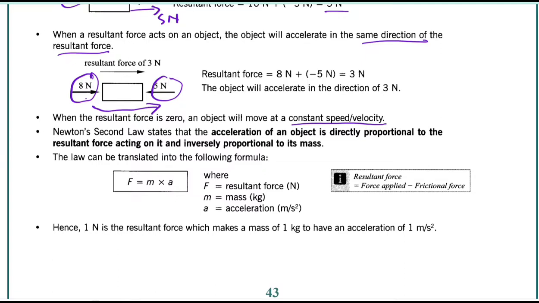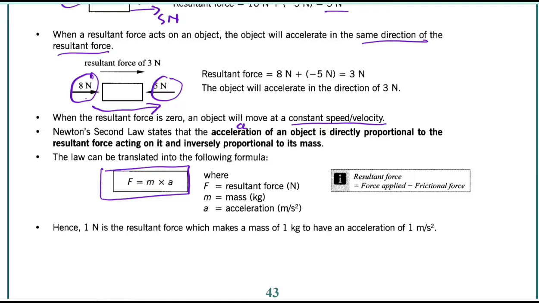So now what they are saying is that the acceleration of an object will be directly proportional to the resultant force acting on it, and inversely proportional to its mass. Is that okay? So that's where we come up with F equals ma.